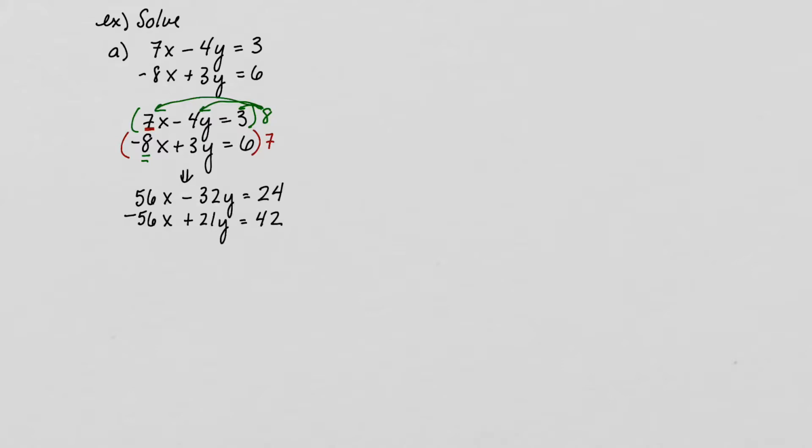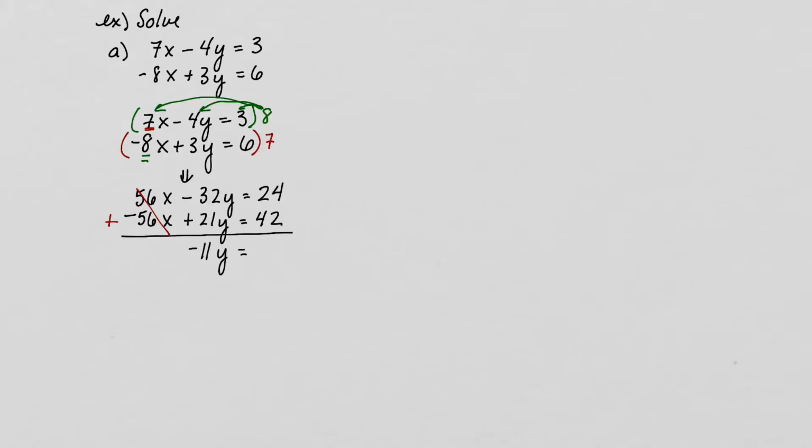And so now, if I add these up, the negative 56x and the 56x go away. The negative 32 and the plus 21 would give me negative 11.